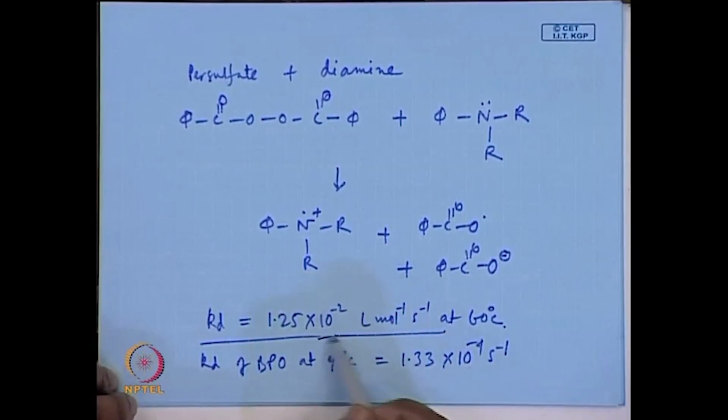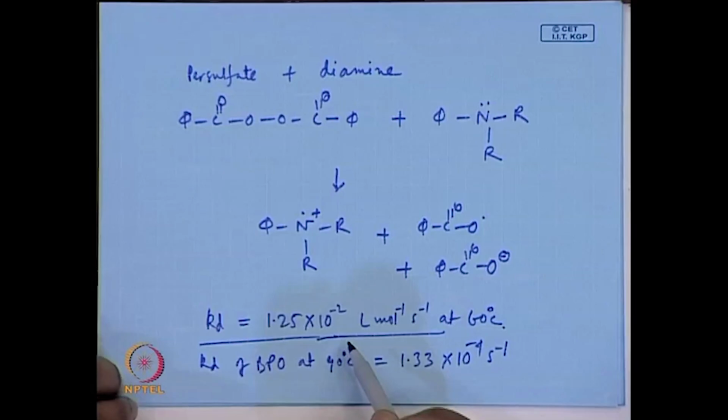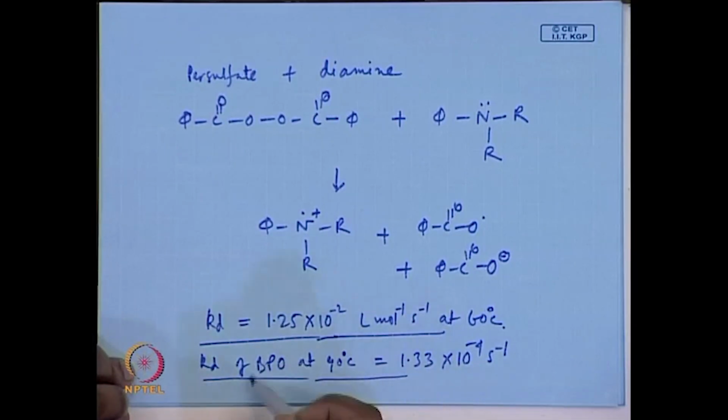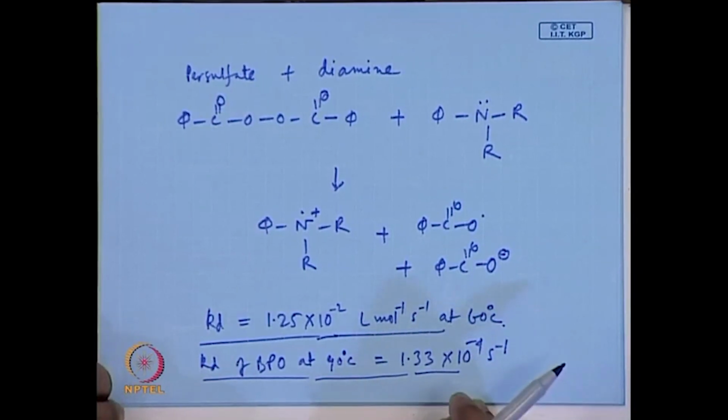So, generation of radicals by a redox initiator can be done at much lower temperature, room temperature or even lower, whereas with BPO as a thermal initiator the reaction rate is much lower. So, you need a higher temperature for doing the polymerization reaction.